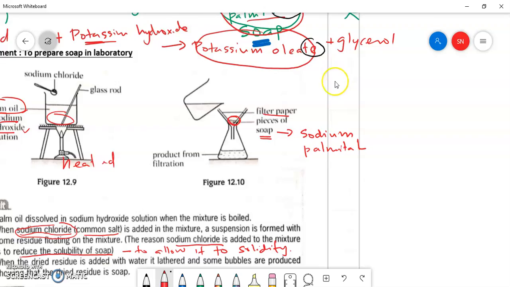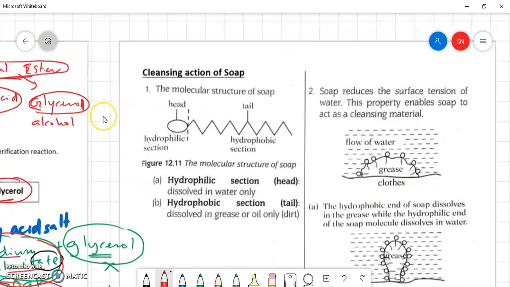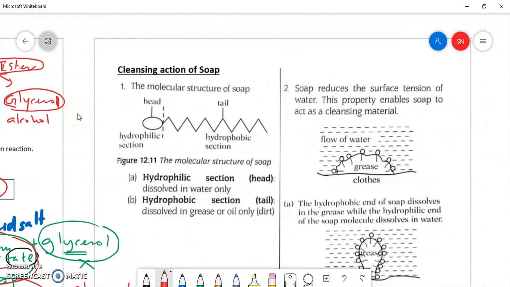Next, last section, cleansing action of soap. This is the molecular structure of soap. It has a head and it has a tail.